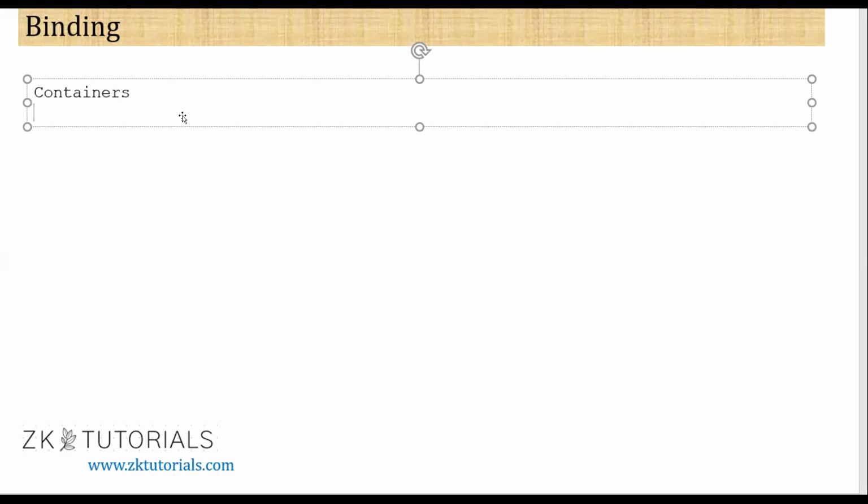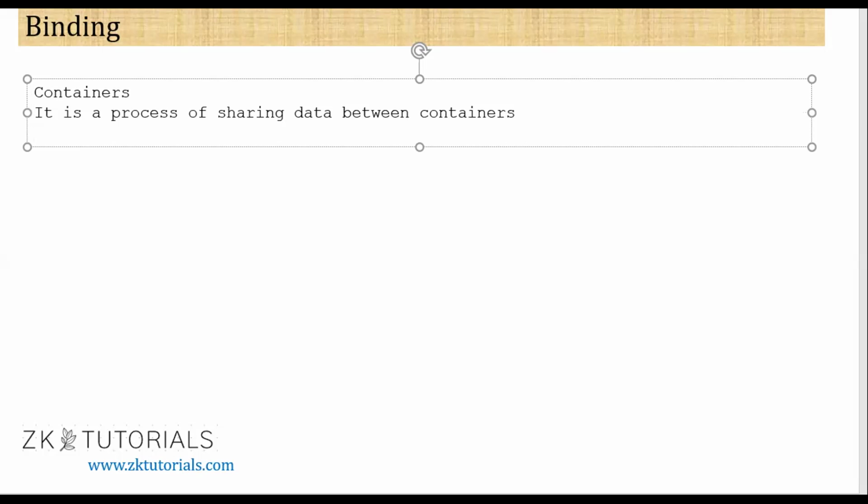In depth, we can say it is a process of sharing data between containers, whether it's a workflow container, event container, or rule container. We will see how the data flows between these. So binding is a process of sharing data between containers in workflow. That's all binding does.